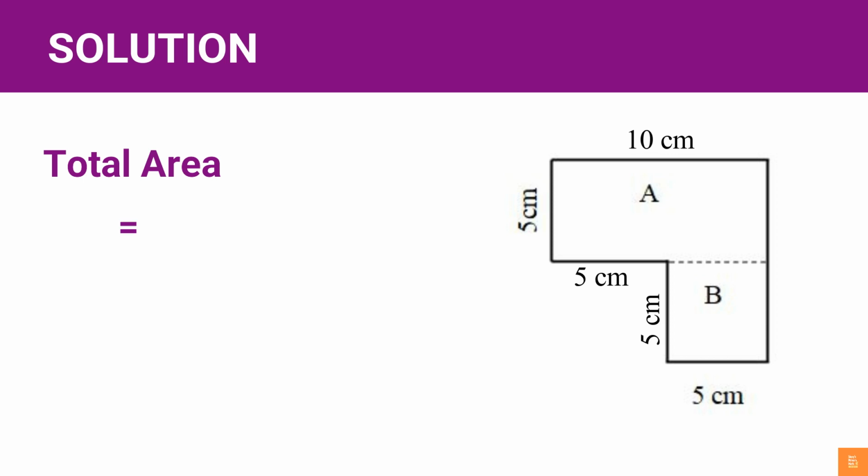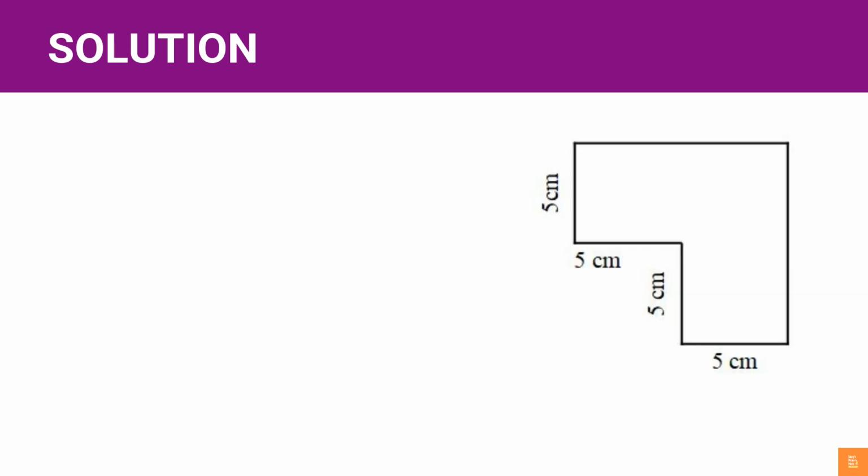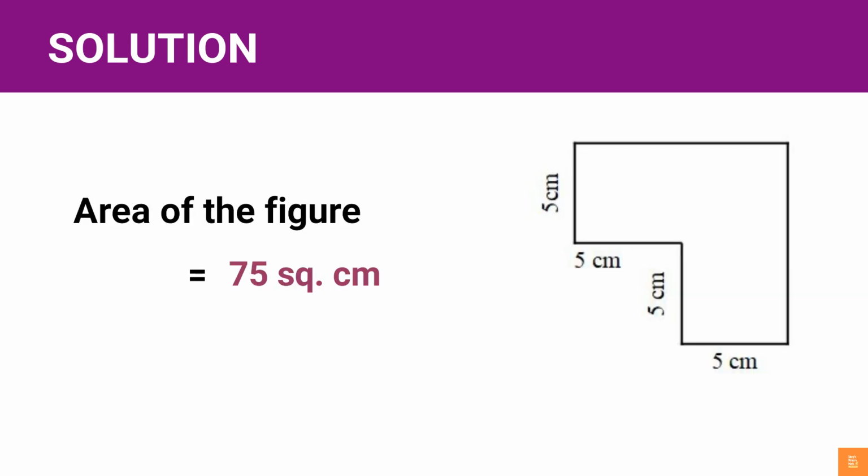Total area equals area of part A plus area of part B equals 50 plus 25 equals 75 square centimeter. Answer: area of the figure equals 75 square centimeter.